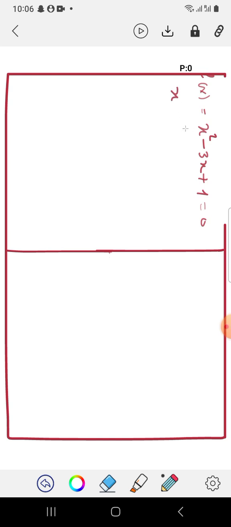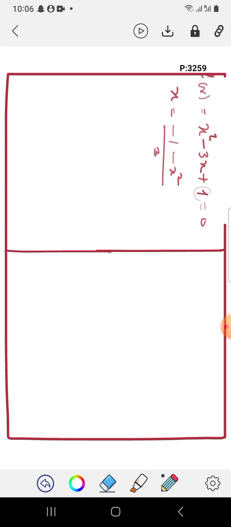We can say x, in a linear way, not in the real sense of it, we can say x equals minus 1 minus x squared over 3. We can say that.